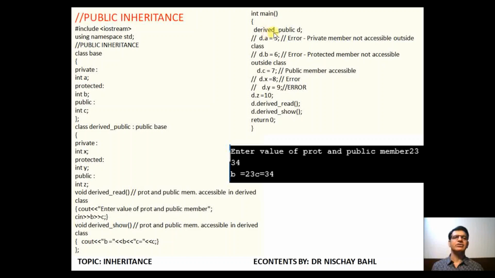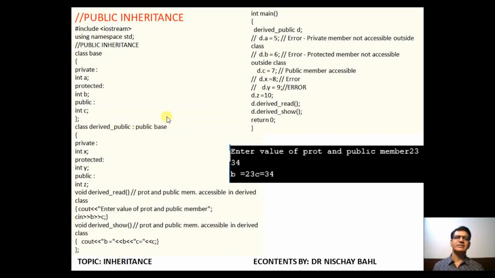Whenever you write derived public D, that means D is an object of class derived public. So what is derived public? Derived public is a class which is publicly derived from the base class. Whenever you write the statement class derived public base, that means this class is publicly derived from the base class. So this is a public inheritance.